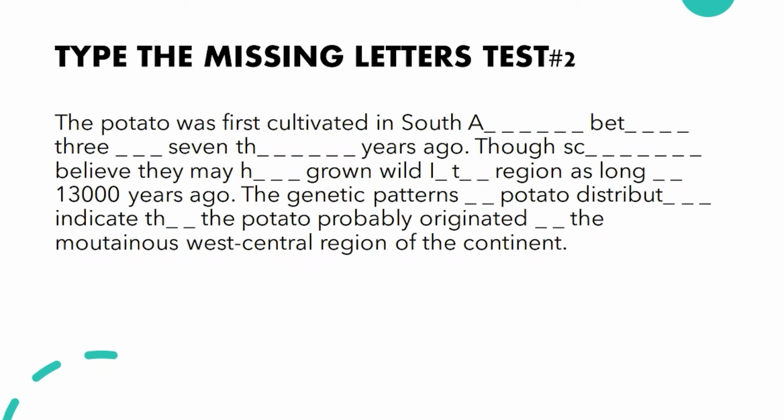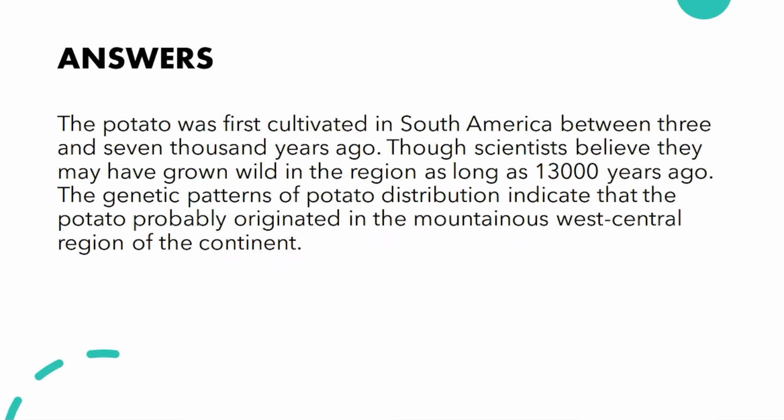Now there is a second example that is given here, which is related to potato. Pause the video and write it firstly on your own. So now the answers for this are given here. The potato was first cultivated in South America between 3 and 7,000 years ago, though scientists believe they may have grown wild in the region as long as 13,000 years ago.